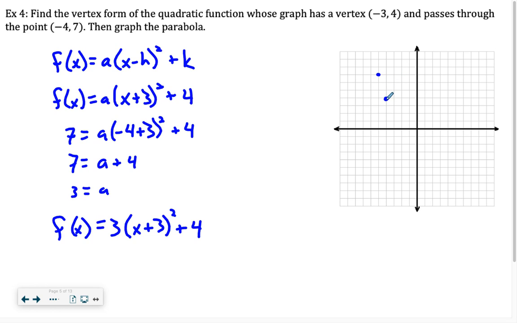So if this is my vertex, one thing that we haven't mentioned yet is that parabolas are symmetric across a vertical line that goes through the vertex. So if the point (-4, 7) is on the graph, I went one left of the vertex. If I go one to the right of the vertex, that is going to be the same y-coordinate. So if I know (-4, 7) is on the graph, (-2, 7) would also be on the graph in this case.